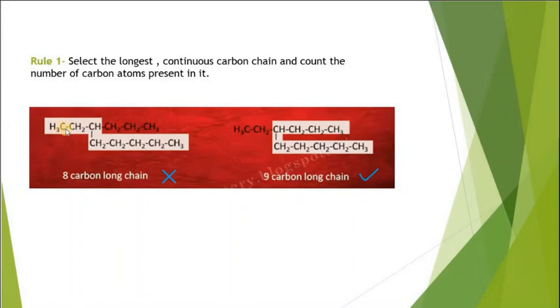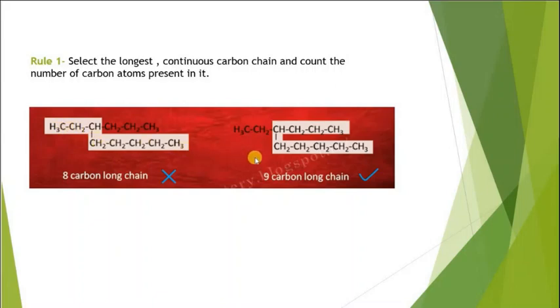Let's count 1, 2, 3, 4, 5, 6, 7 and 8. If I count the number of carbon atoms in the straight chain above, these will be 1, 2, 3, 4, 5 and 6 only. So this chain should be preferred, which has more carbon atoms, that is 8 carbon atoms. But that is even not correct.